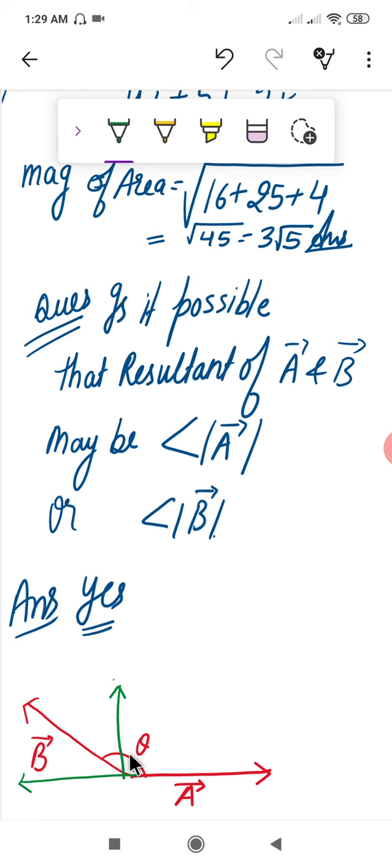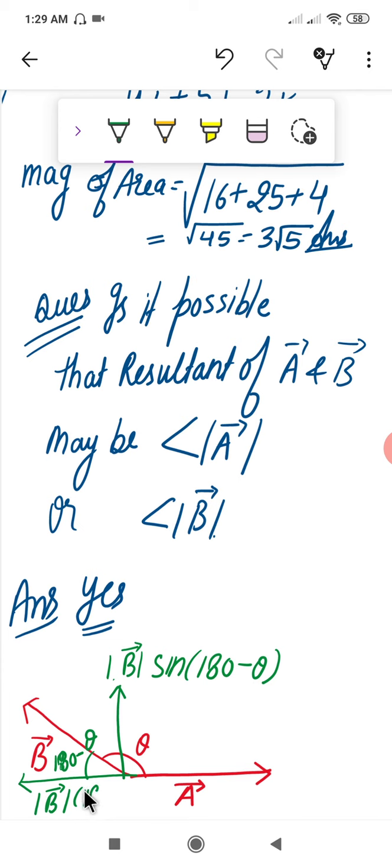Now if this is theta, then this angle can be said to be 180 minus theta. So this component will be B sine (180 minus theta), and this one can be written as B cos (180 minus theta).